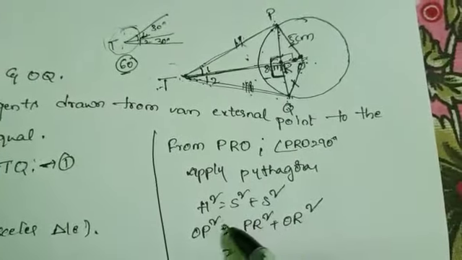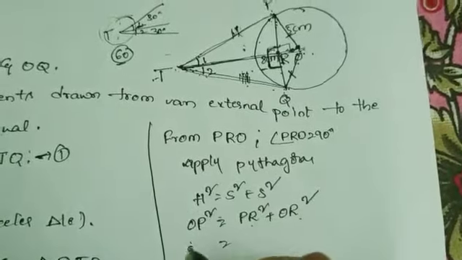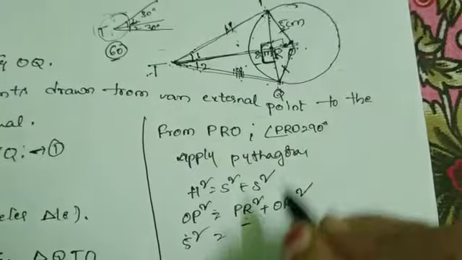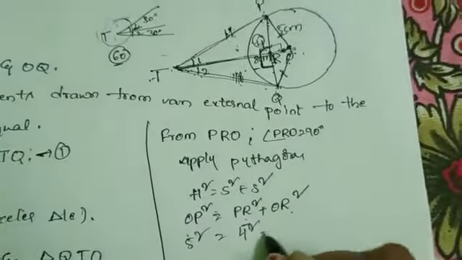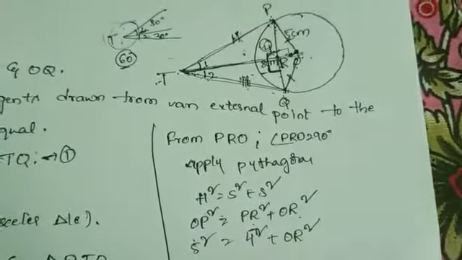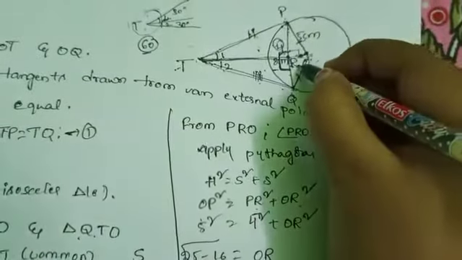According to Pythagoras theorem, hypotenuse square equal to side square plus side square. OP square equal to 5 square, PR square equal to 4 square, plus OR square. Therefore, OR equal to 3 centimeters.